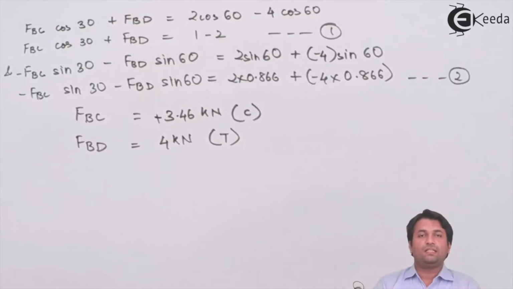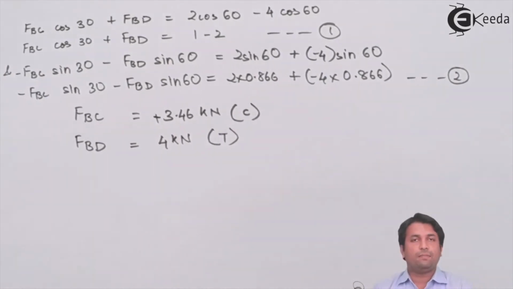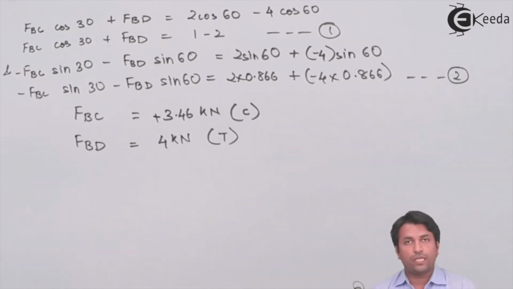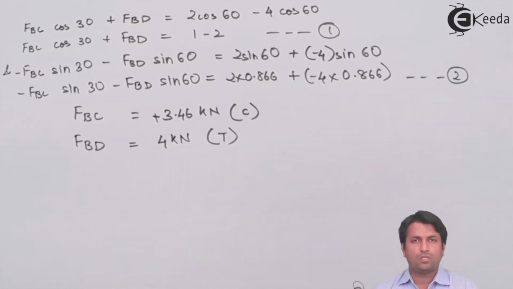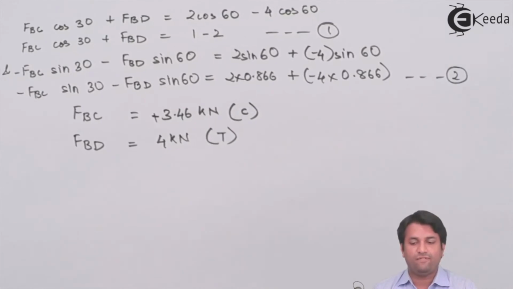We can see that the force in member BC is coming out as negative, and that is a compressive force. Force in member BD is positive, so we can say that it is a tensile force.